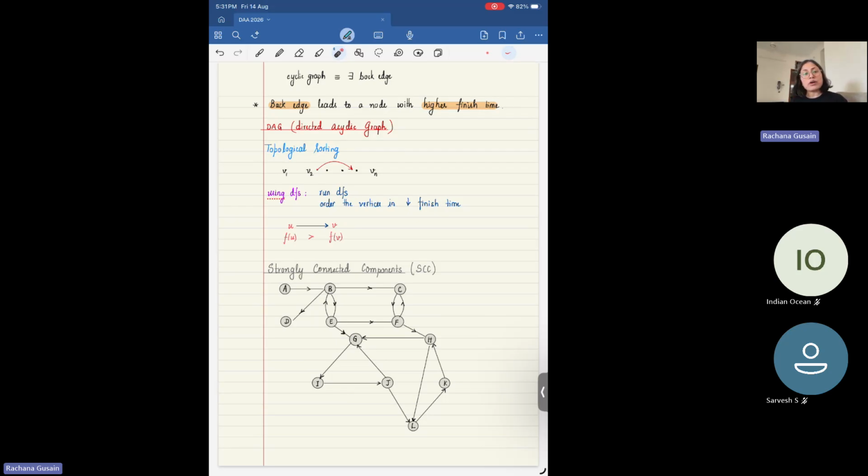I'll call it a strongly connected component when I am not able to add any new vertex to that set and still claim that it is strongly connected. So for instance, once I have these six vertices, do you think we can add more vertices to this subgraph and still have the strongly connected property holding?